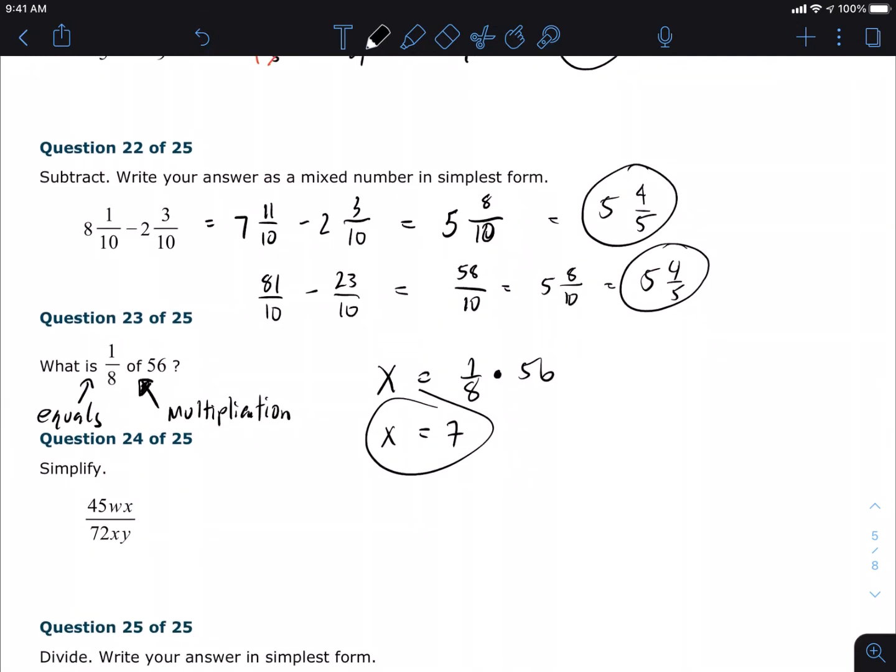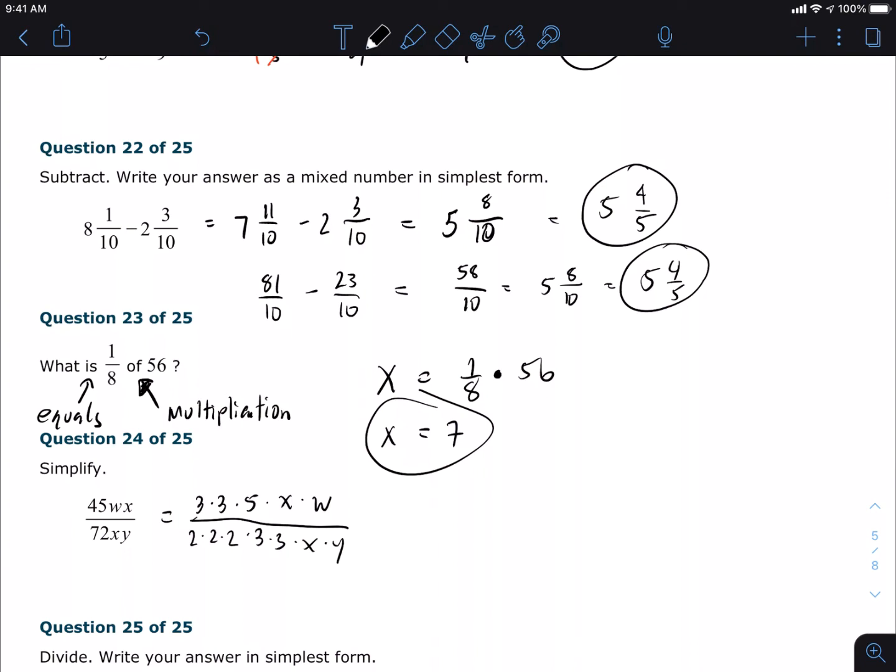All right. Let's see. I'm going to try to break this down. 3 times 3 times 5 times x times w. And then this will be 2 times 2 times 2 times 3 times 3 times x times y. Do you guys agree with how I broke that down? Does anyone need me to show how I broke that down?